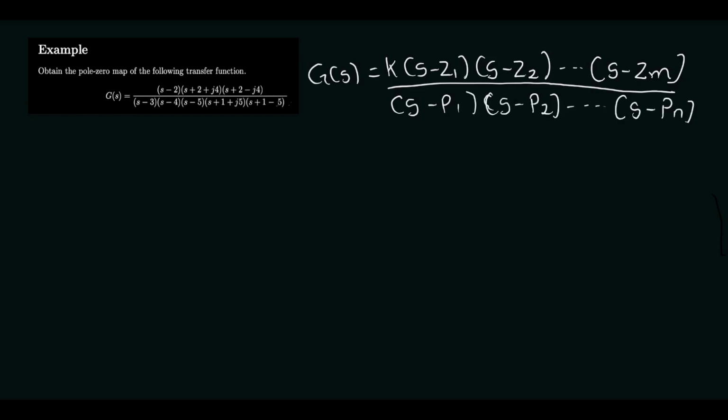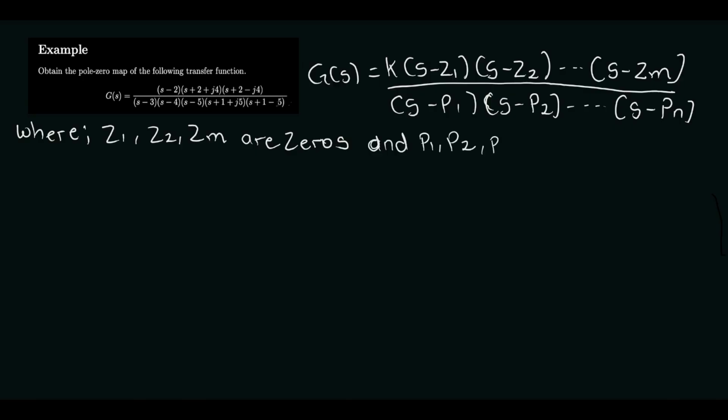Where your z1, z2, zn are zeros, and p1, p2, pn are poles.